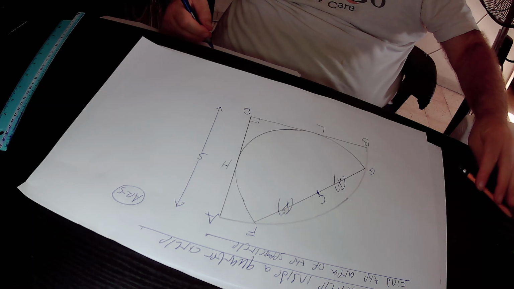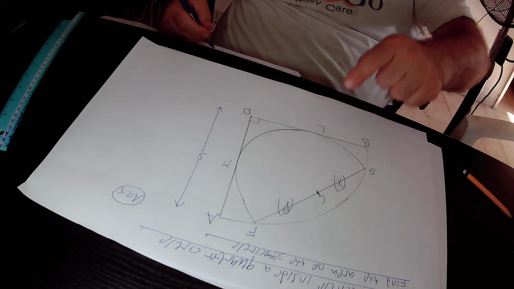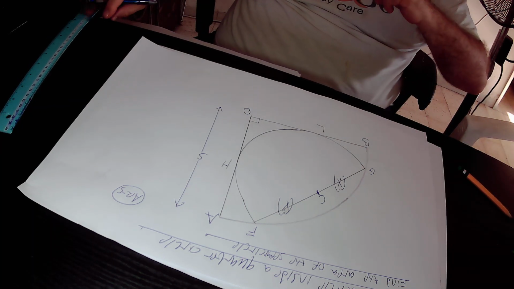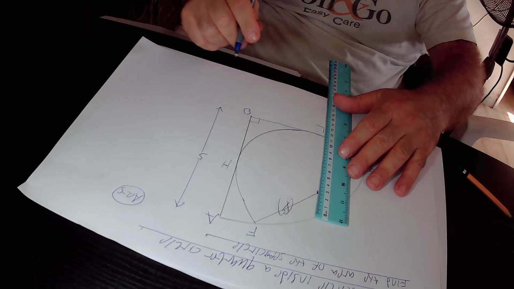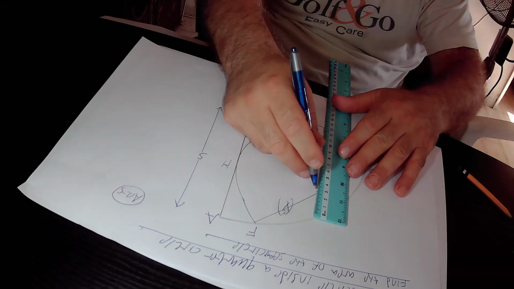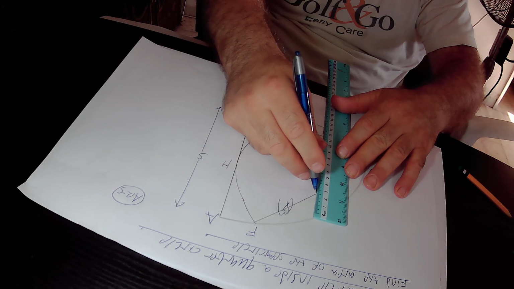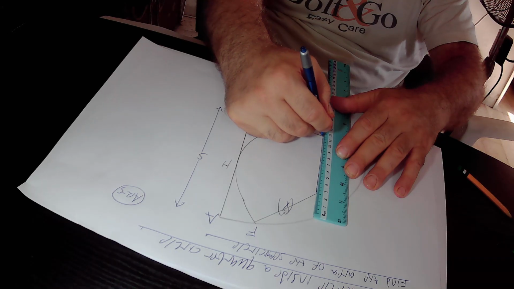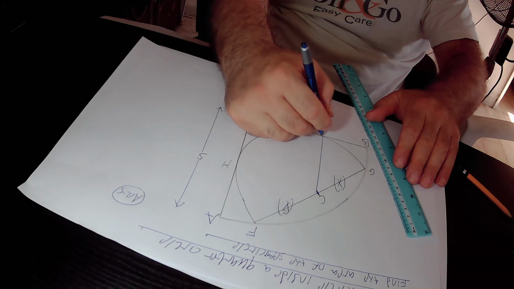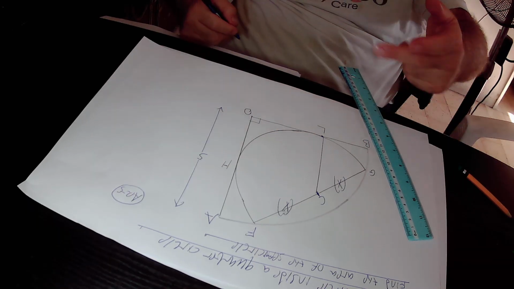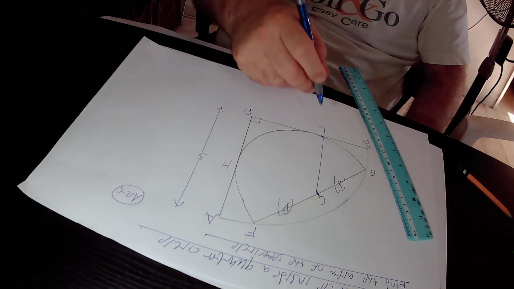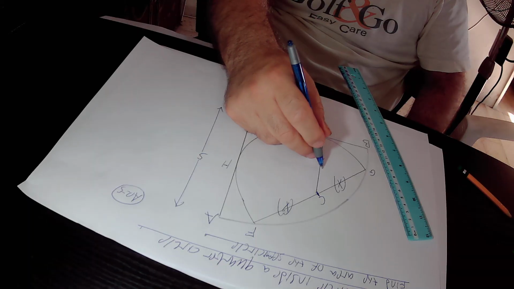In the next step, we join points C and L together by a straight line. CL is of course the radius of this semicircle, which is equal to x.